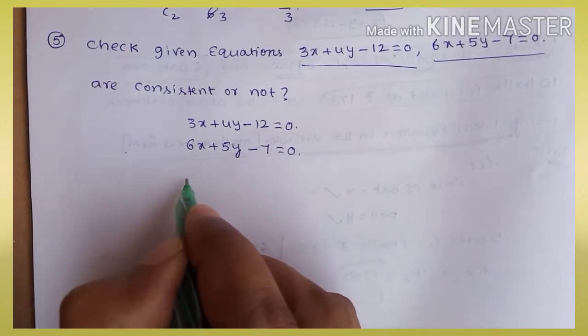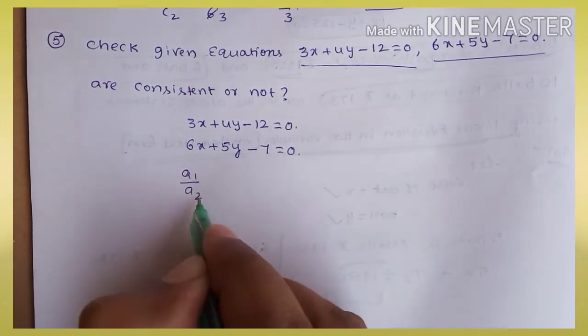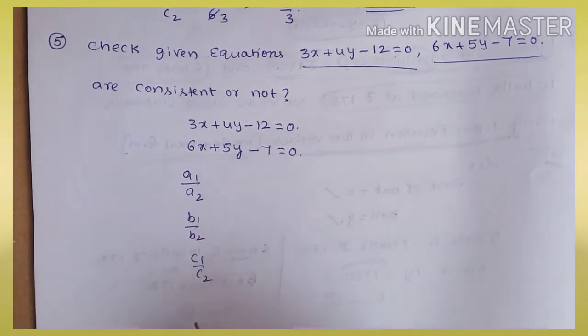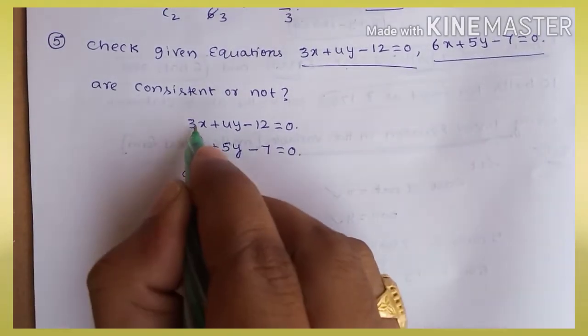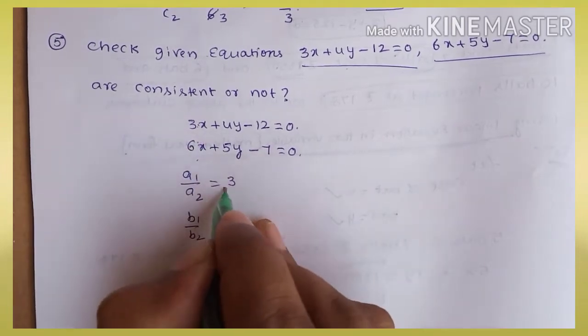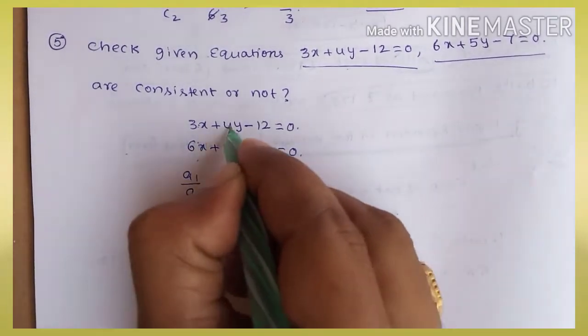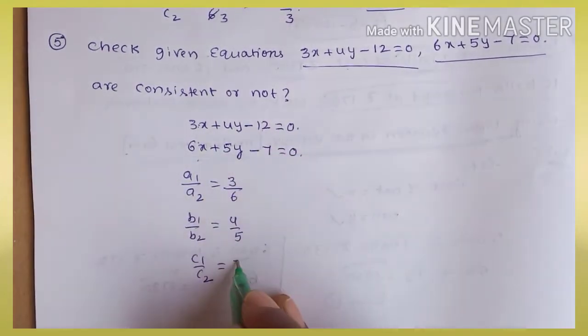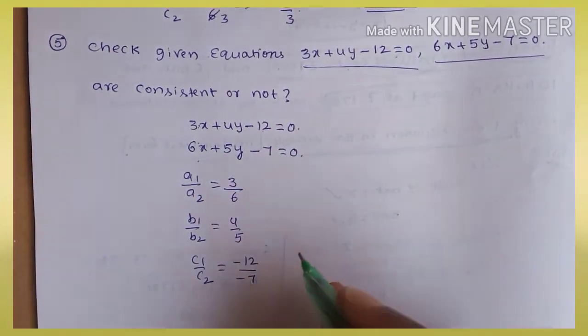You have to check our conditions: A1 by A2, B1 by B2 and C1 by C2. A1 by A2 is 3 by 6, B1 by B2 is 4 by 5, and C1 by C2 is minus 12 by minus 7.